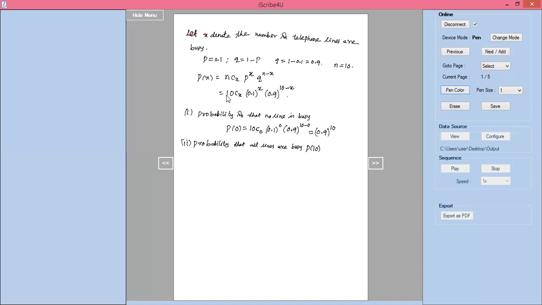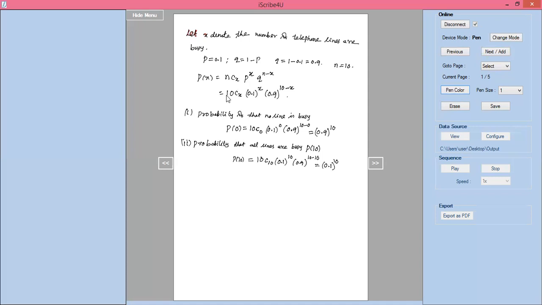P of 10 equal to 10C10 into 0.1 whole power 10 into 0.9 whole power 10 minus 10. Now 10C10 is 1, so we write 0.1 whole power 10. This is the probability that all lines are busy.